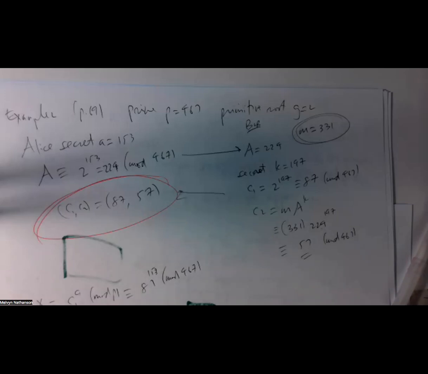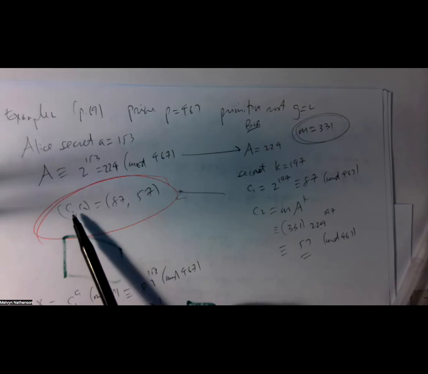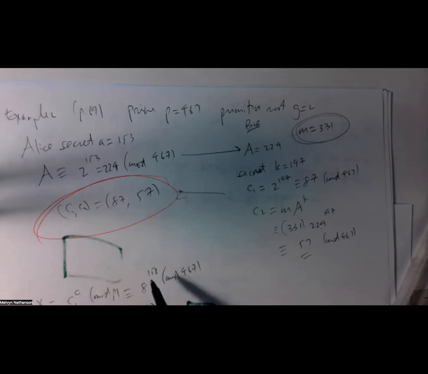This turns out to be 367 mod 467. This is just a computer calculation. So Alice takes the first number she got from Bob, 87, raises it to her secret power and reduces it modulo the prime 467, and she gets the number 367.